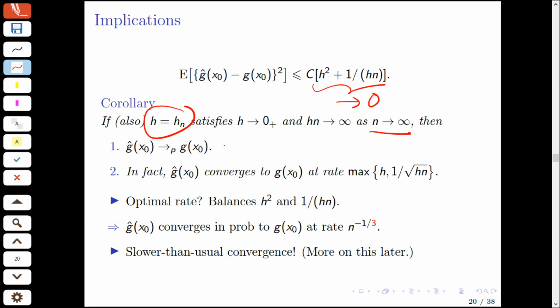But the mean squared error bound in fact shows a whole lot more, since it tells us exactly the rate at which this expression goes towards 0.